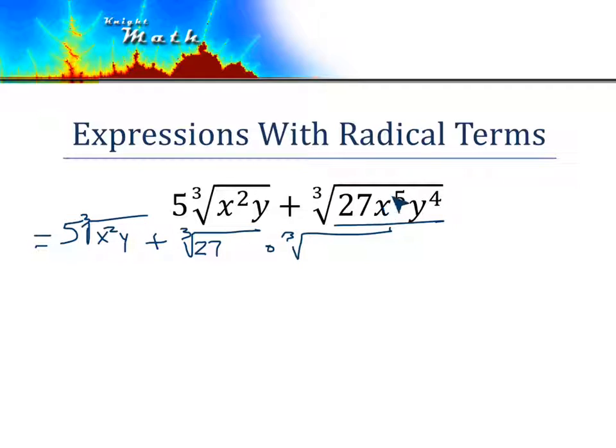Now, we can cube root part of these x's because this exponent is larger than 3. And so if this was x cubed, we could cube root that, because the cube root of x cubed is just x. But we've got to have the extras over here. Now this simplifies here.